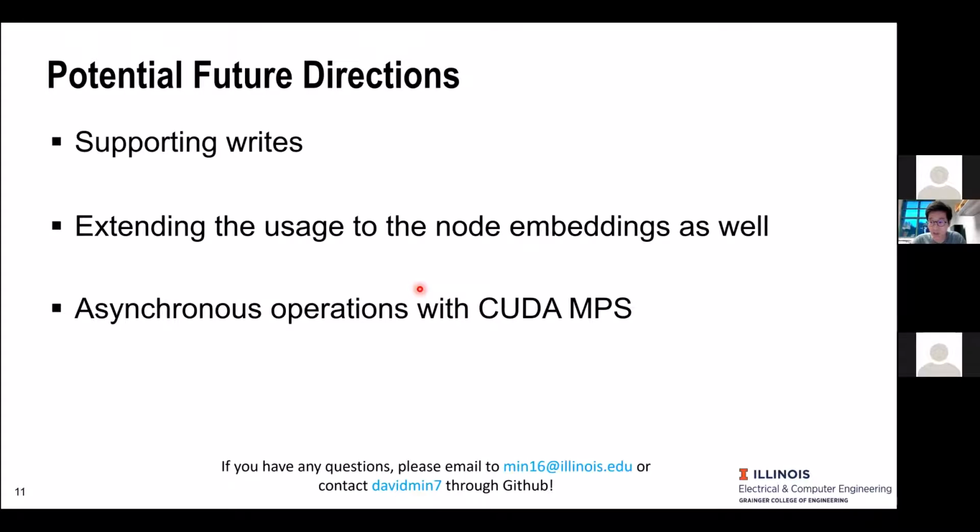Are there any questions? Have you looked at any of the MIG features on the newer GPUs, like being able to split the GPU physically into smaller GPUs? Oh yeah, that's an interesting thing. I also consulted with another NVIDIA engineer previously.